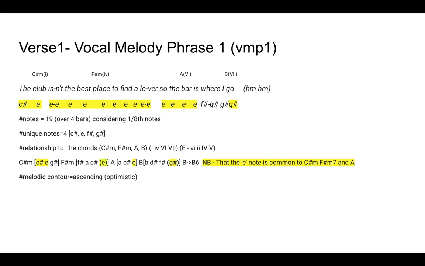But here I want to talk about what is the mood of the ascending line. Well, we tend to find that the ascending line is a happier sound than descending, because you have the feeling of climbing higher and higher.